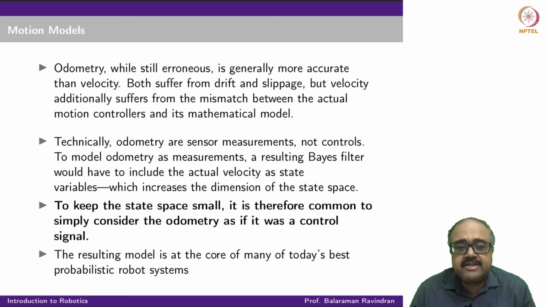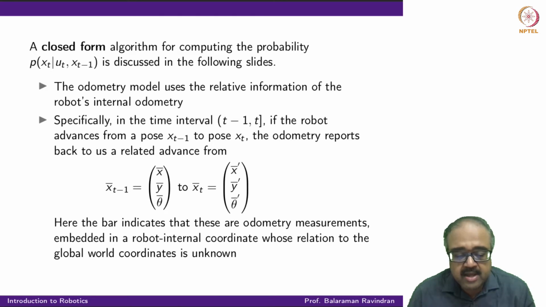The odometry is treated like a control signal, and that allows us to define a new kind of motion model that is based on the actual odometry measurements as opposed to the real control that was given. This is used quite often in many of the current day systems, this kind of odometry motion model.